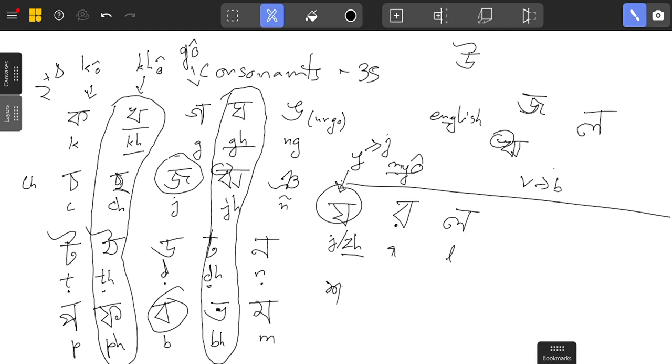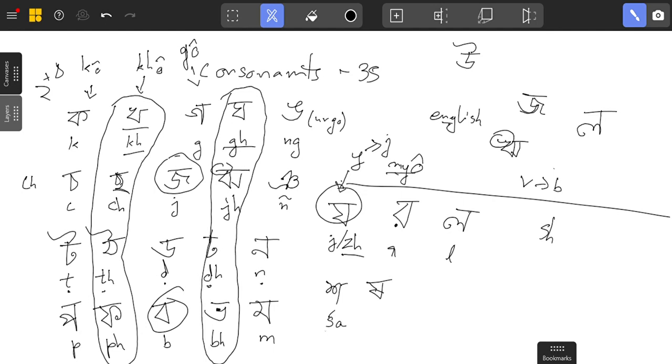So it is jaw, raw, law, shaw, shaw. I'm going to denote it like this. The shaw is the same as English SH, shaw. And then we have shaw, mudhanna shaw.